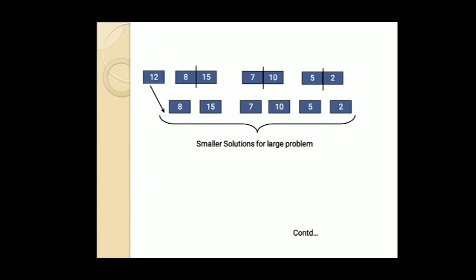After applying the same thing until you get the individual solutions, it would look like this: 12, 8, 15, 7, 10, 5, 2. This is only a strategy for finding the solutions. With respect to our merge sort, this is not the final solution. This is only a partial solution for the given larger problem.